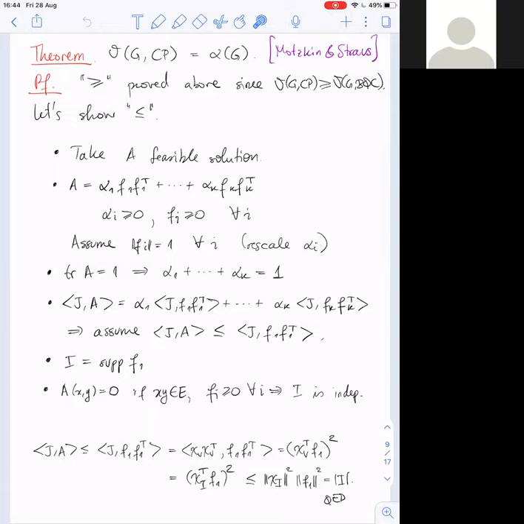And then if you just do a very simple calculation, JA is less or equal than J F1 F1 transpose, and now J is the characteristic vector of the vertex set times the characteristic vector of the vertex set transpose.